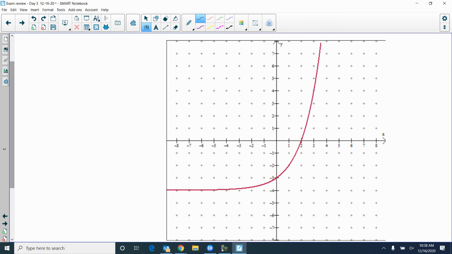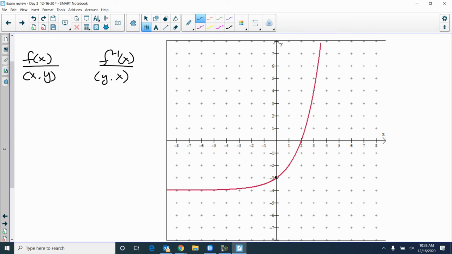How'd you do that? Okay, Tyler. You flip the y and the x. Yep, if you flip the y and the x. So for any point on the graph of f, if x, y is on it, then on the inverse, y, x is on it. So you just need to find some points.